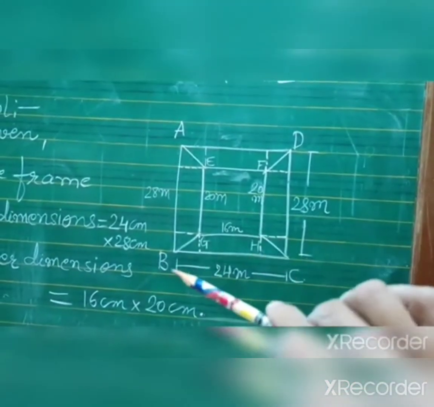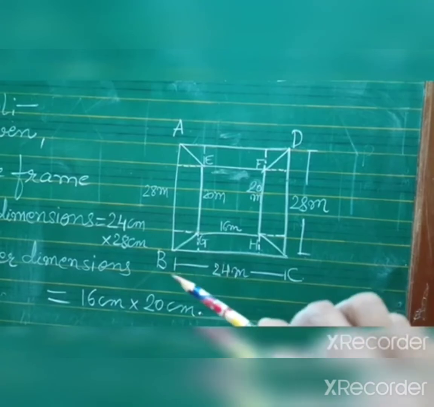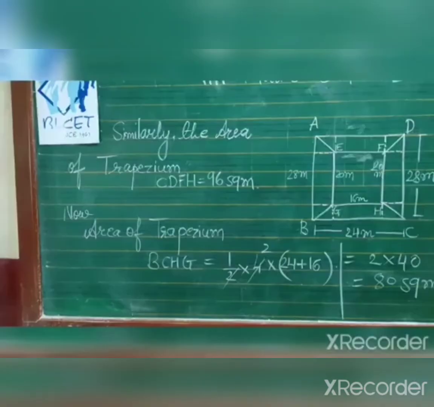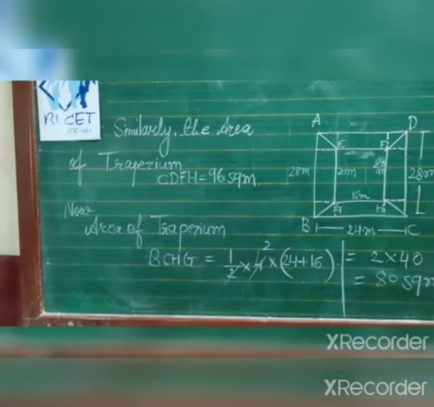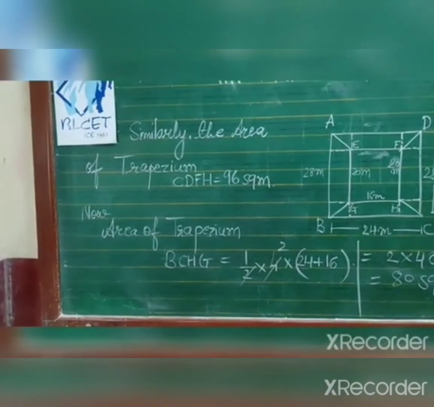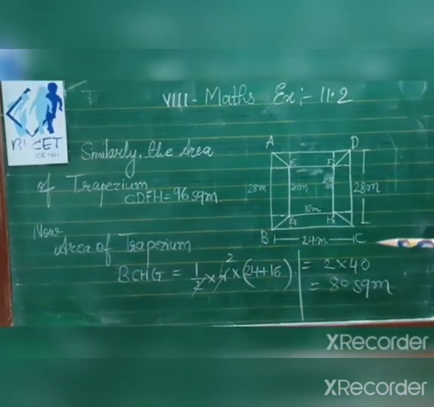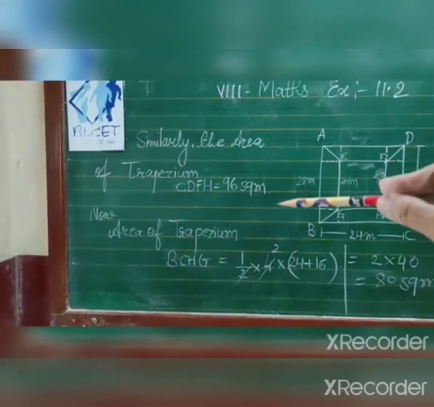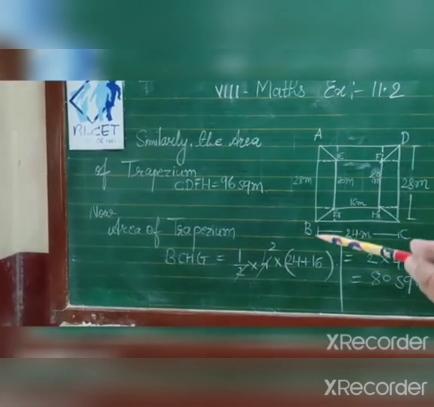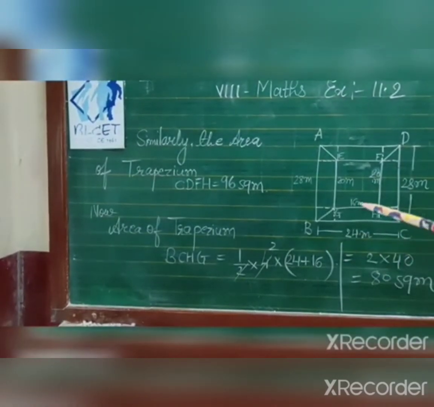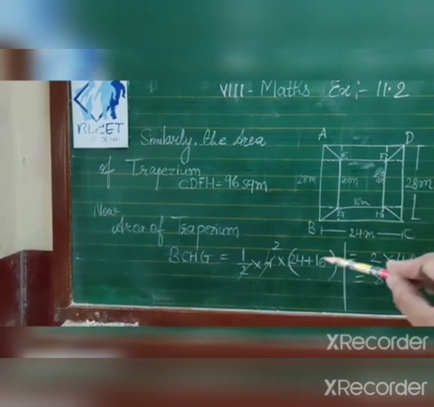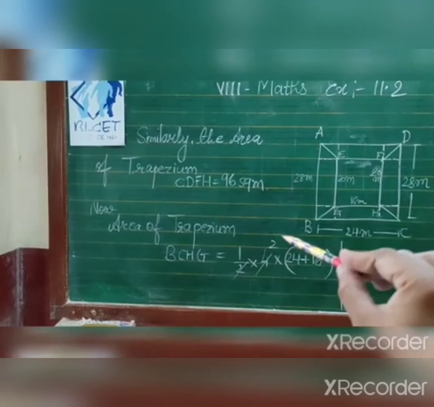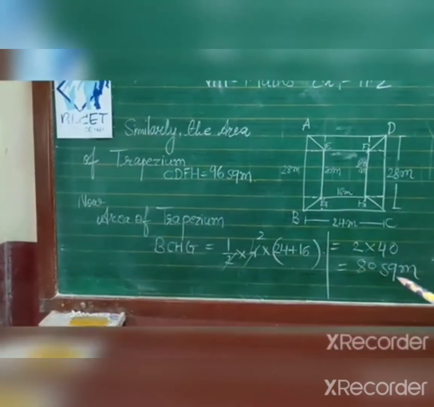Now we will calculate the area of trapezium BCHG. Opposite parallel sides are 24 plus 16 and width 4. Already I explained, 2 2s are 4. So 2 into 40, 80 square meter.